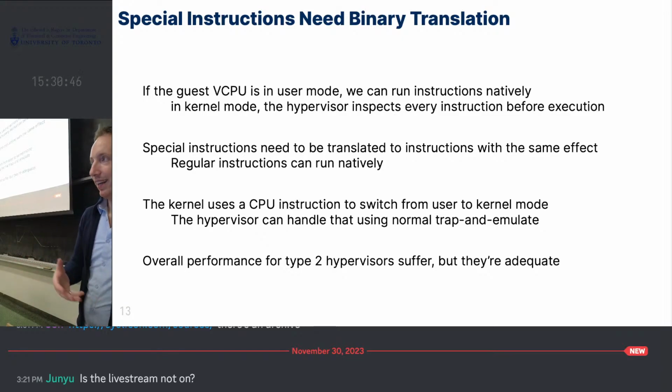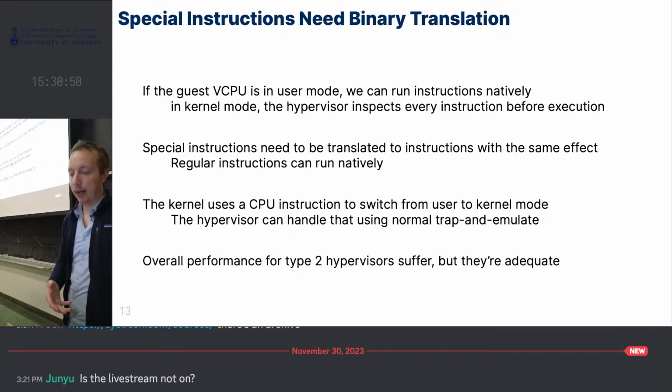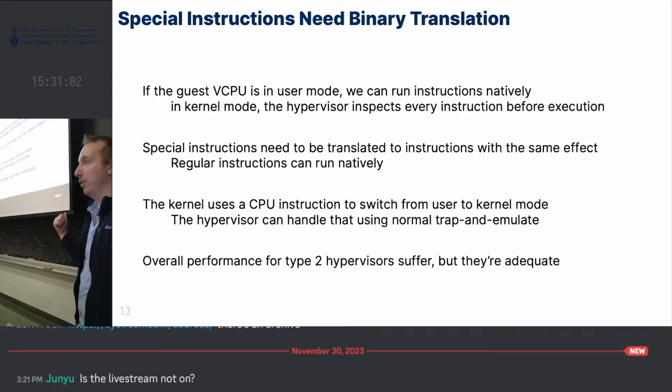But in the case that the virtual machine thinks it is running in kernel mode, then I actually need to essentially translate these instructions. So all it does is inspect all the instructions before they execute and check if it's one of these special instructions. If it is, then instead it would execute the simulation instead of the normal instruction.